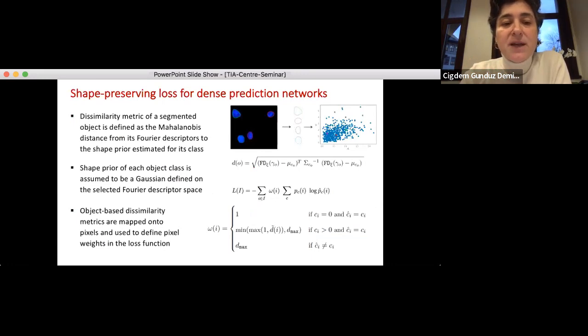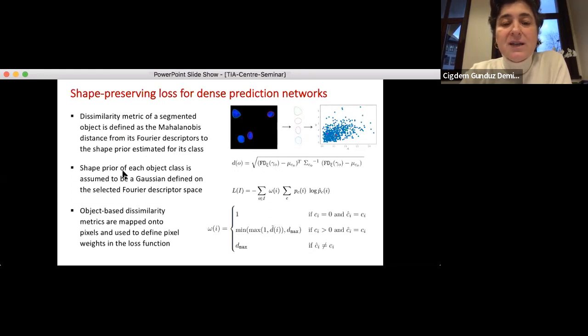This dissimilarity metric is defined as the Mahalanobis distance from the Fourier descriptors of that segmented object to the shape prior estimated for its class. So that is the dissimilarity metric. This FD is the set of the Fourier descriptors of a segmented object O, and we assume that the shape priors of each object follow a Gaussian distribution, defined on the selected Fourier descriptor space.